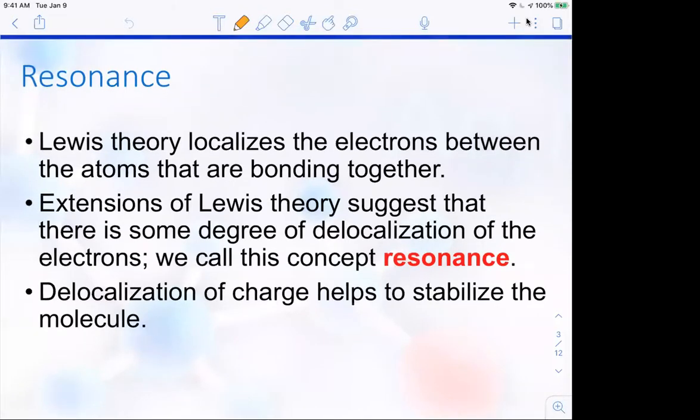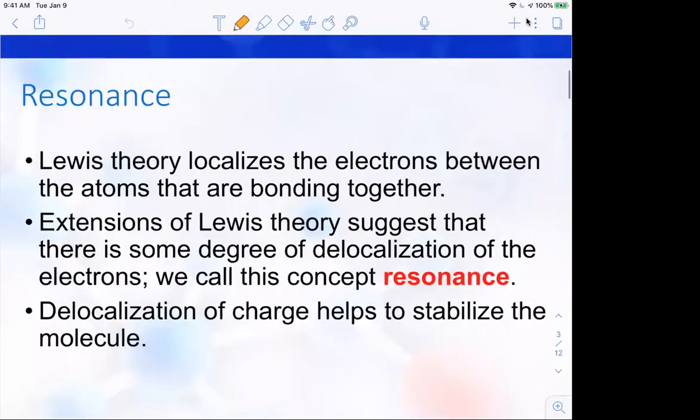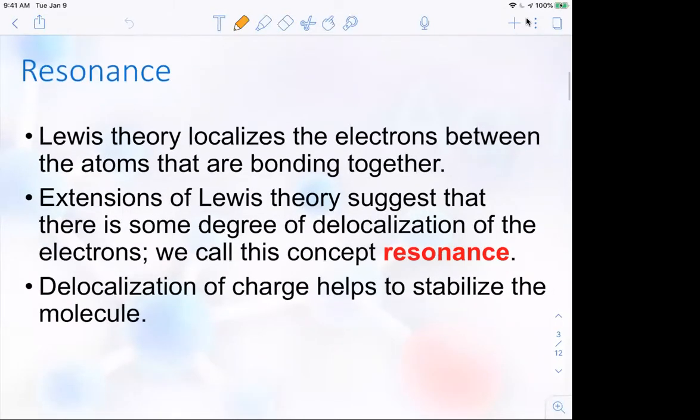I don't know if you have noticed this as you draw Lewis dot structures, but a lot of times when you draw a structure, there are multiple structures that can be drawn that uphold all of the valid bonding rules for Lewis structures. Lewis theory localizes the electrons between the atoms that are bonding together.